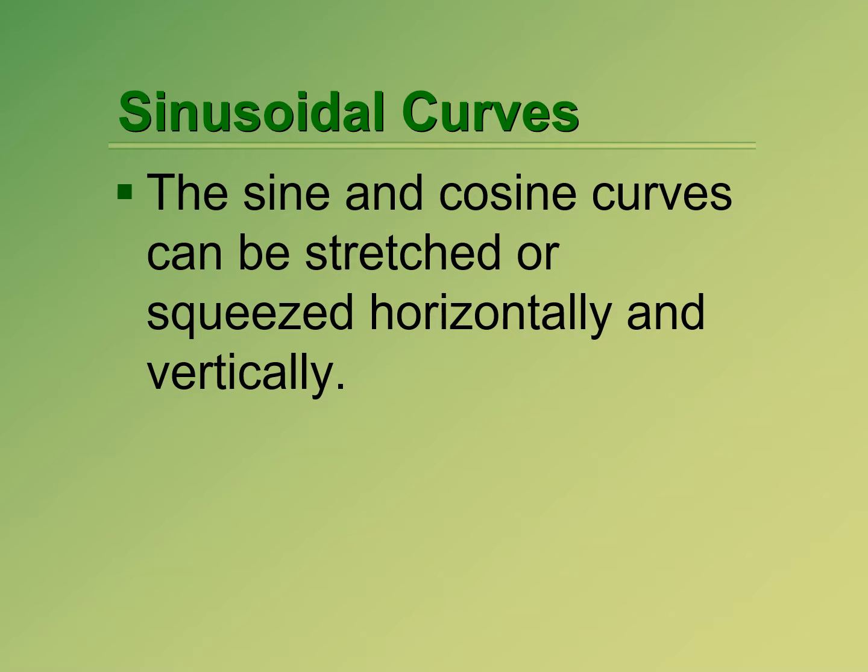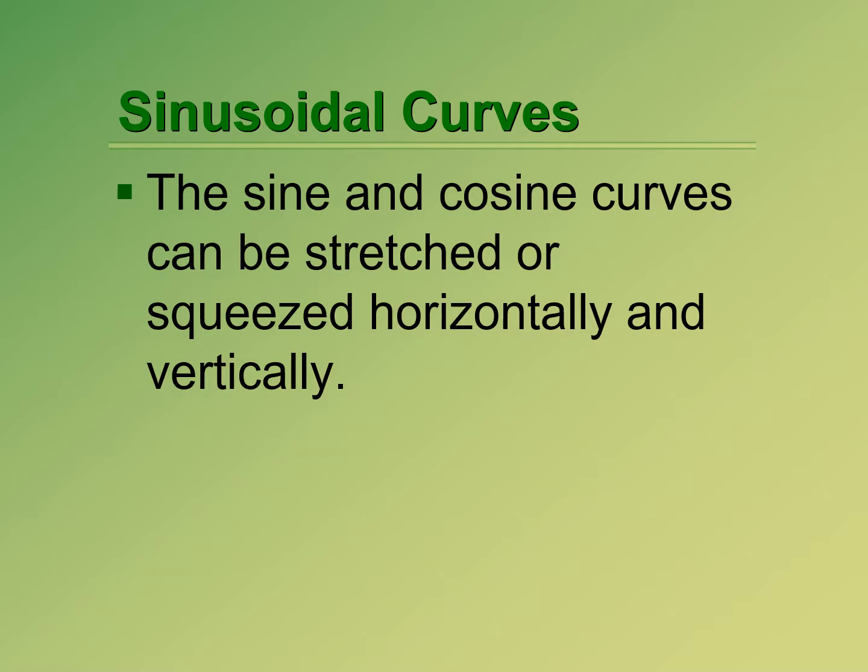The sine and cosine curves can be stretched or squeezed horizontally or vertically. When we translated our quadratic functions, we had our parent function, which was y equals x squared, and then we were able to translate it. We made it more narrow, and we made it wider.